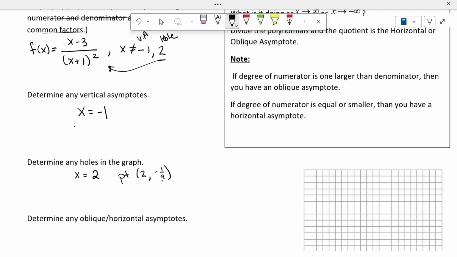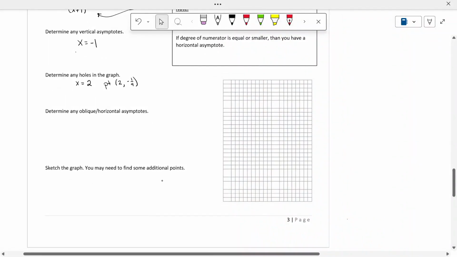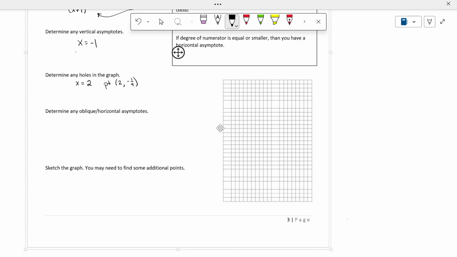Here's what we got. I'm going to come to oblique or horizontal in just a second. I'm going to come to my graph here. Draw my grid. Here is my x-axis, and here is my y-axis.